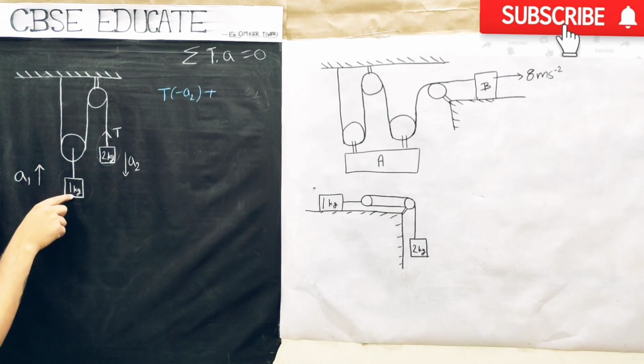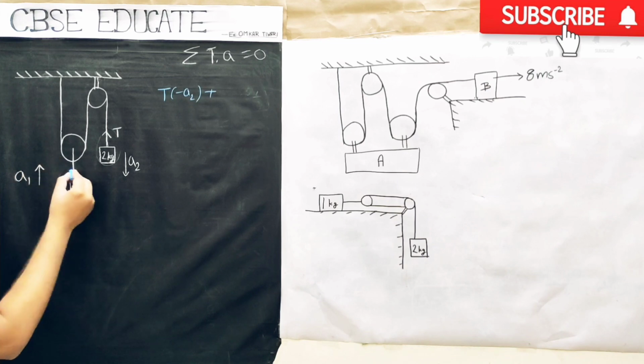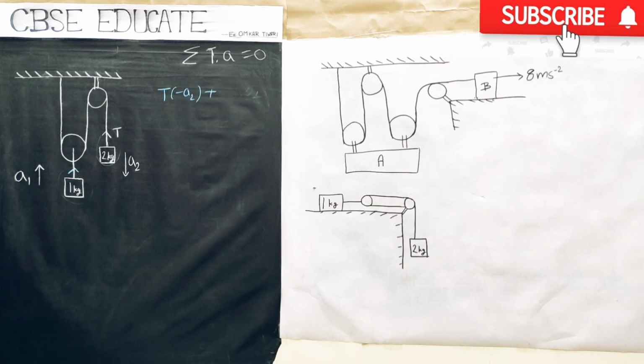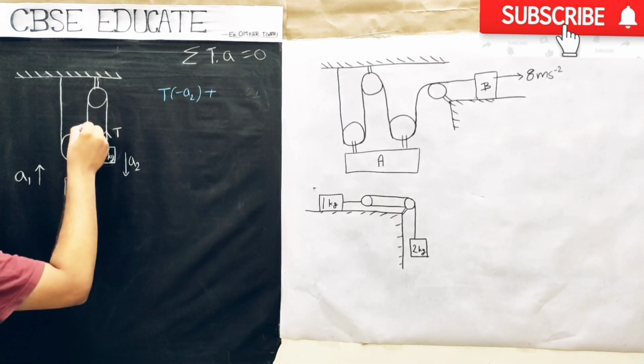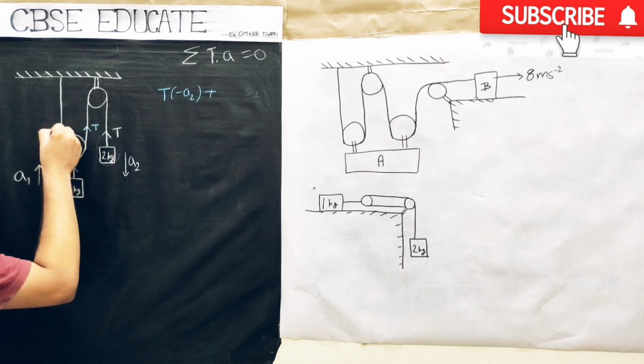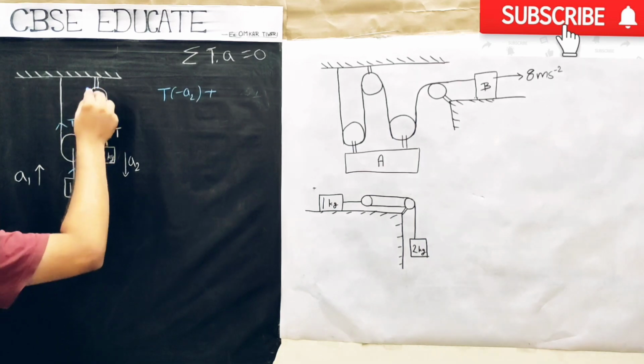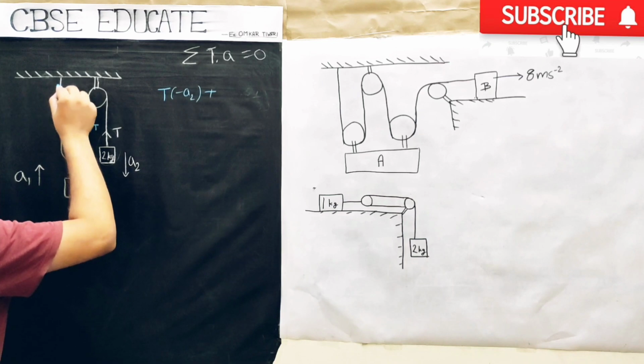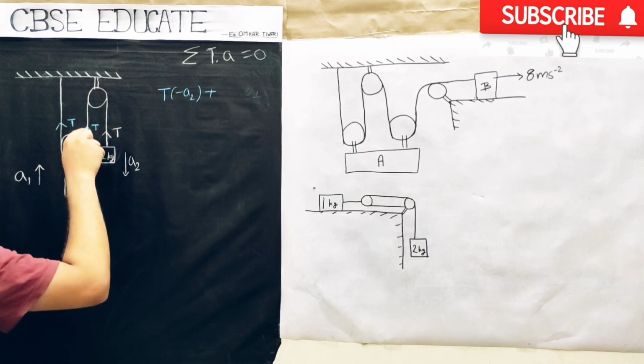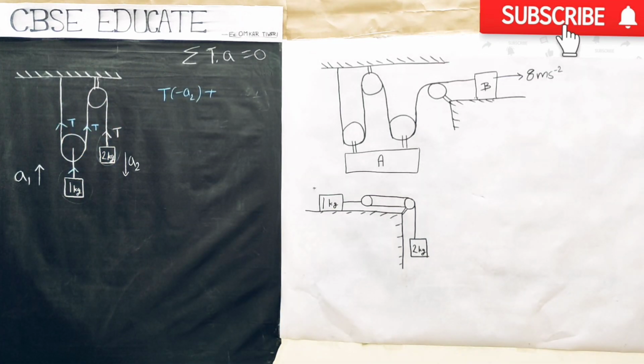Now considering this, the tension in this will be what? See, here is T, so this will also be T and this will also be T. Why? Because the string used in this system is the same. So the tension in all parts will be the same, T, T, T.